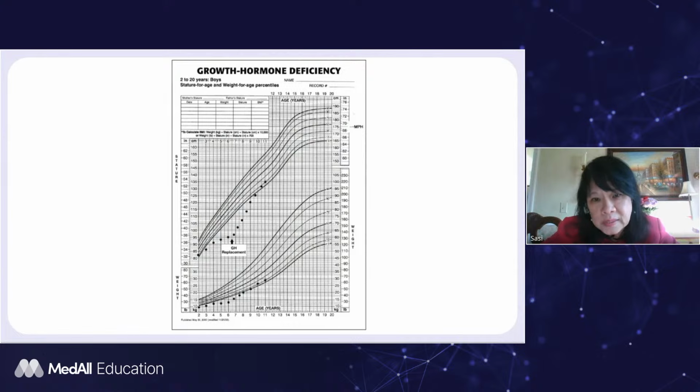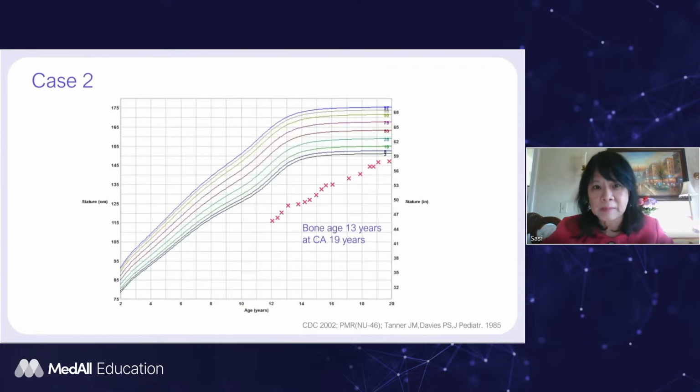Then in subsequent years of treatment, the growth response will be more consistent with the normal growth rate for age. So this is why it's important to make a diagnosis early, so you can have early catch-up growth, and that can help to have optimal growth outcome in children with growth hormone deficiency.